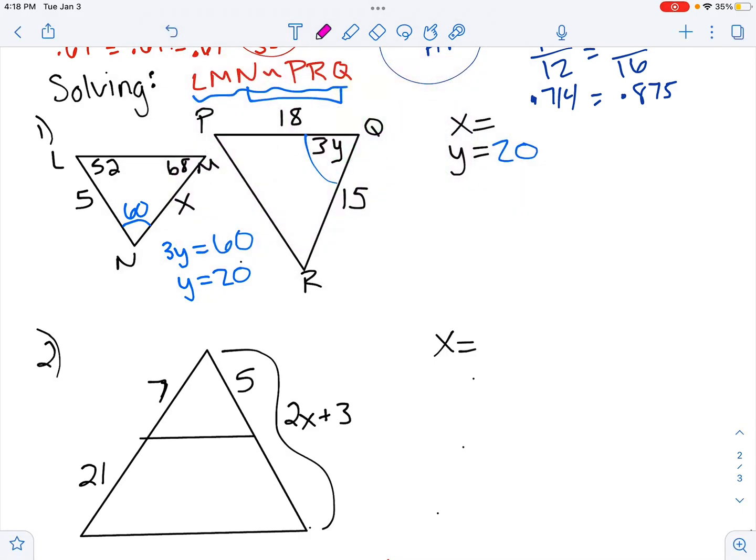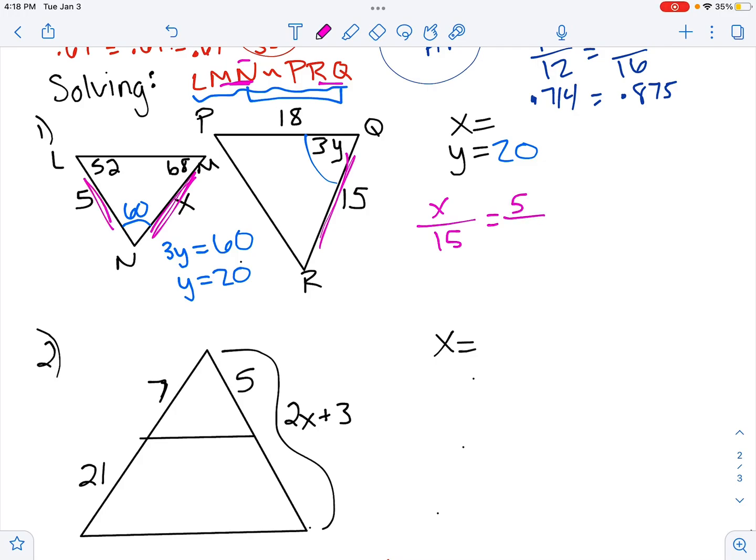Now let's do our sides. So the sides are proportional. So let's figure out what sides go together. So let's do NM first. So NM goes with RQ. So NM is X. RQ is 15. Then I have my other side. NL is 5.